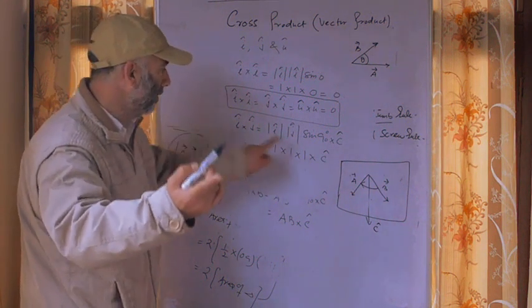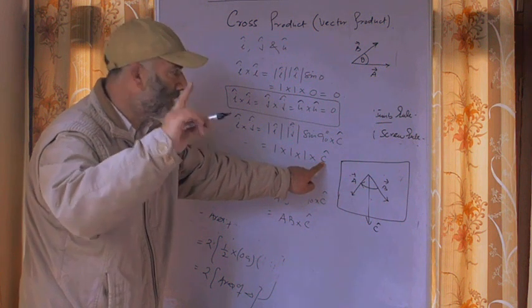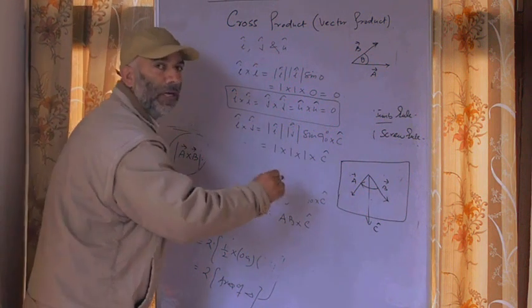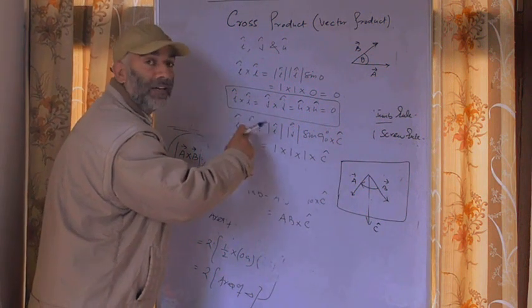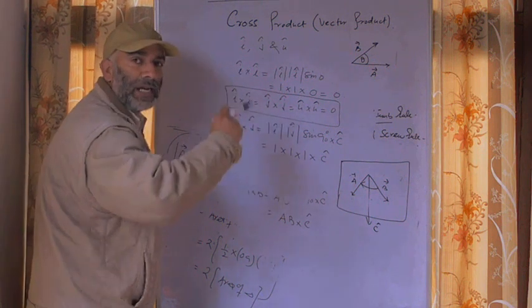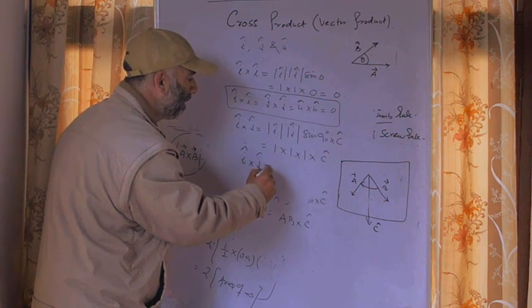The direction of the third vector is given by this unit vector c, which, according to the right hand thumb rule or right hand screw rule, will be perpendicular to the plane containing i and j. What is the vector that is perpendicular to the plane containing i and j? Yes, 100% right. That is, i cross j is equal to k.